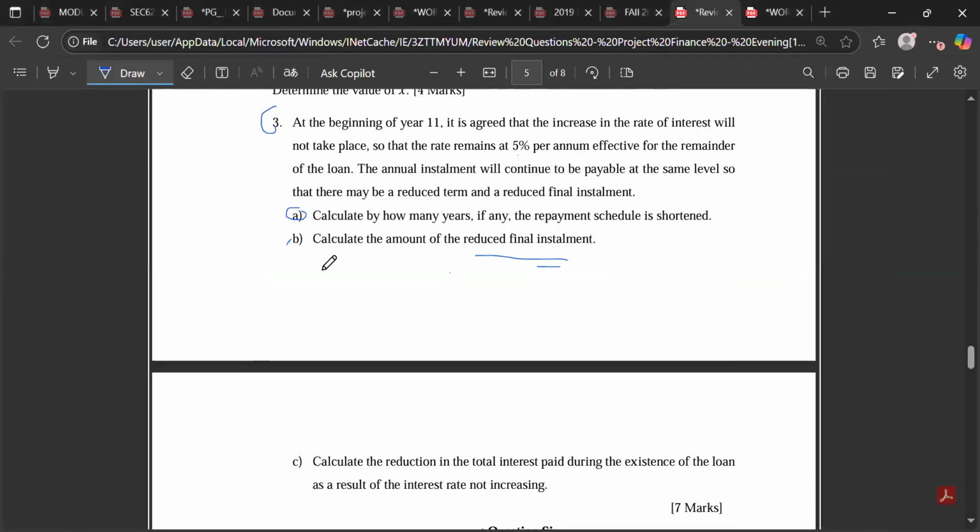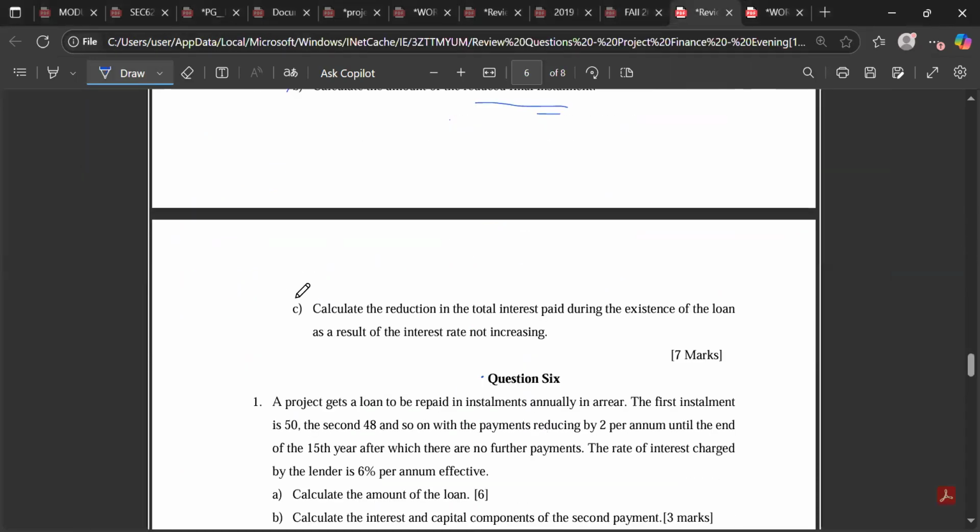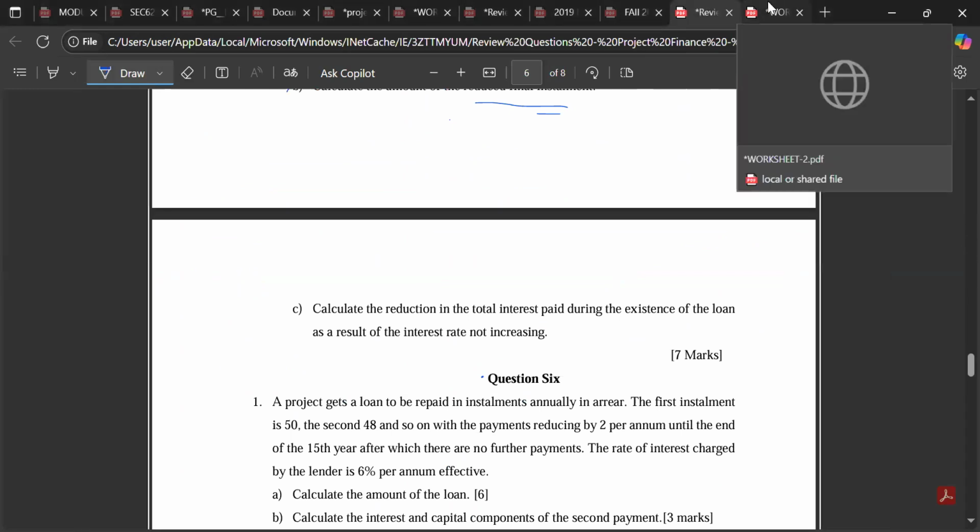Now let's look at the next one, part C. Part C says calculate the reduction in total interest paid during the existence of the loan as a result of the interest rate not increasing. So again, we're assessing the same impact. Our original plan was 1,000 for 20 years.